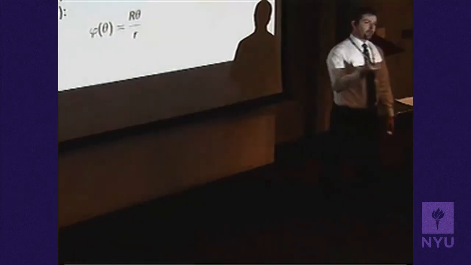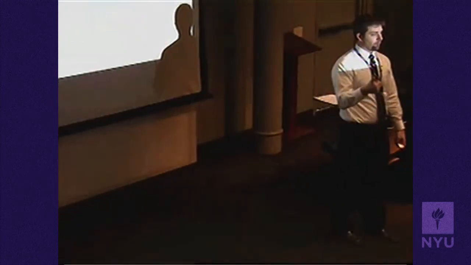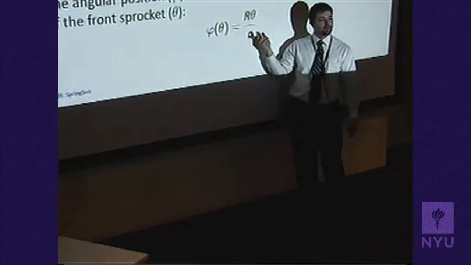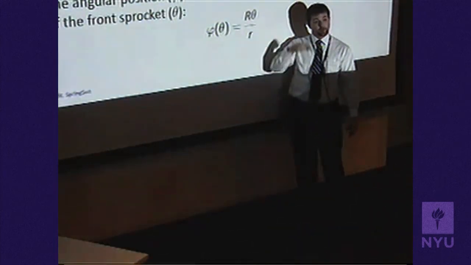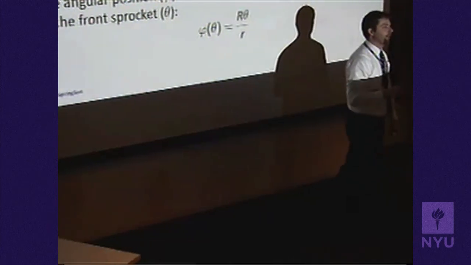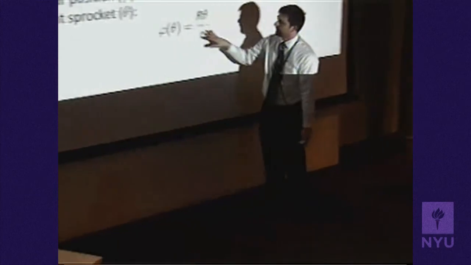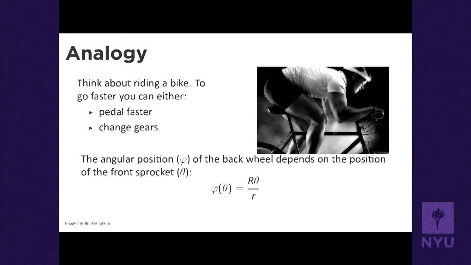So if you increase the radius of the front sprocket, then you're going to be biting out more chain with your revolutions of the front sprocket, which will make the back wheel go faster. If you reduce the radius of the back sprocket, then it will take fewer chain links to turn the back wheel around once as well. So either increasing this or decreasing this will make you go faster.